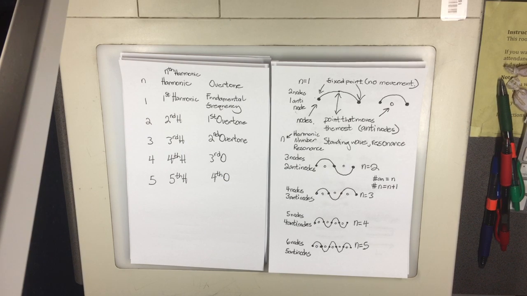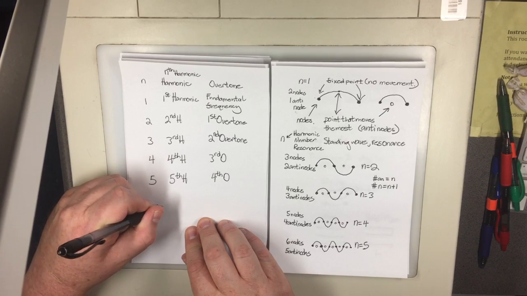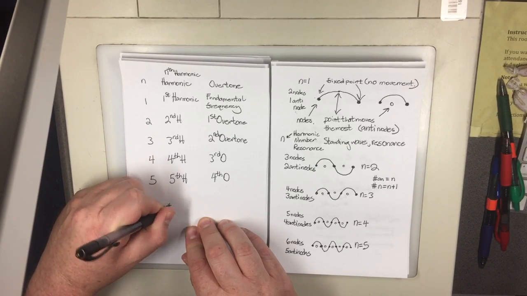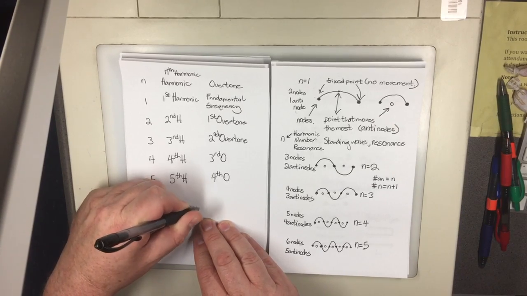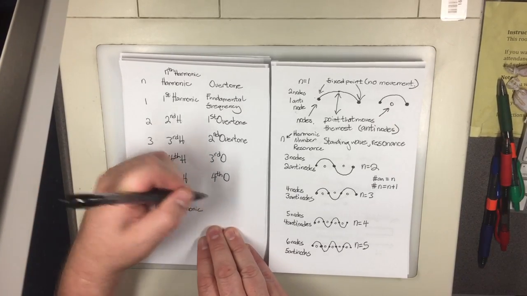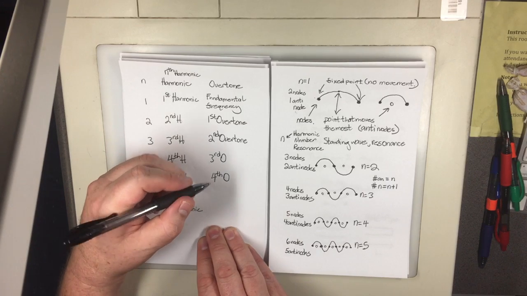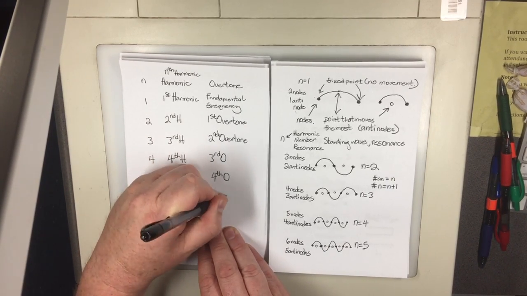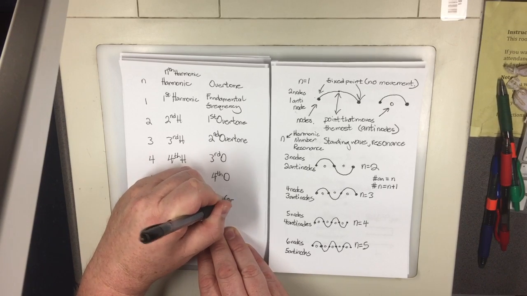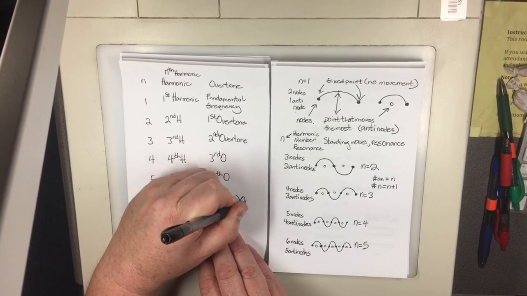If it equals 1, if it's the harmonic system, N is equal to whatever harmonic you're dealing with. And then for the overtone system, N is equal to N minus 1 overtone.